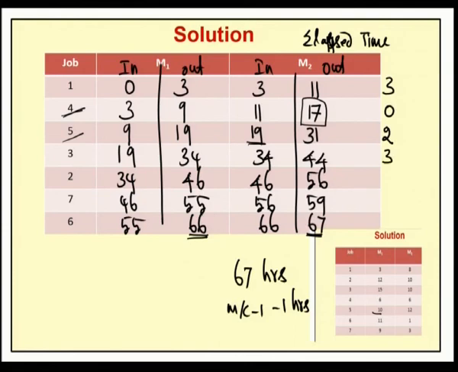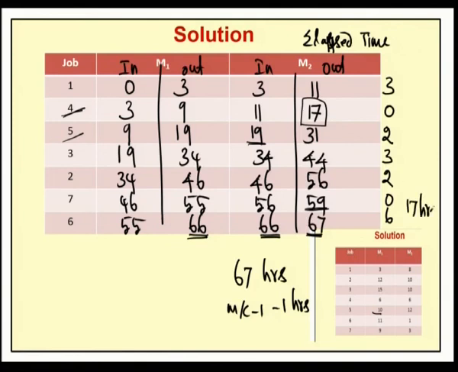In the same way, here the idle time is 46 minus 44, which is 2. Here it ended at the 56th hour and started at the 56th hour, no idle time. But here it completed job 7 in the 59th hour and it starts job 6 at the 66th hour, therefore the difference is 7. So the total idle time for machine 2 is the sum of these, which is 17 hours.